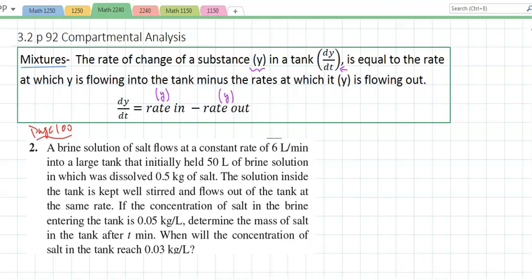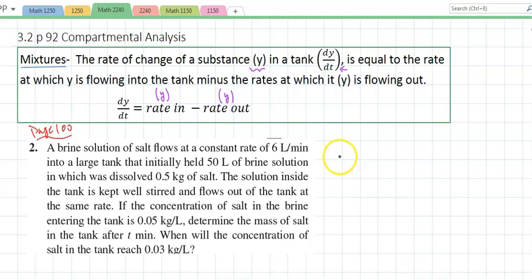And if I start reading the problem number 2 on page 100, I'll say, all right, a brine solution of salt. A brine is a salty, it's really a purplish color liquid. It's very salty. So a brine solution of salt flows at a constant rate of 6 liters per minute into a tank.